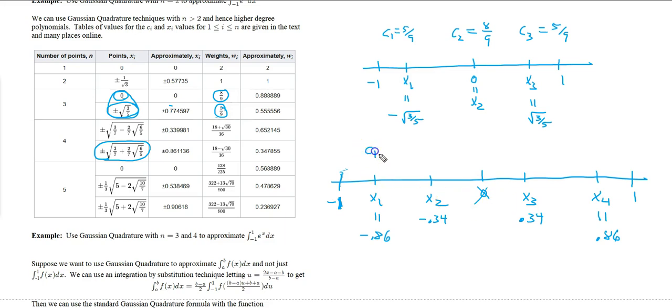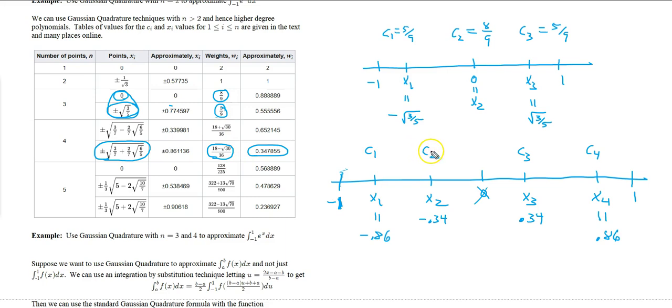And then the c1, c2, c3, and c4, the coefficients that go along with the f of x values, are going to be these numbers right here. So the c1 and c4 are both 0.347855, which come from this value right here.